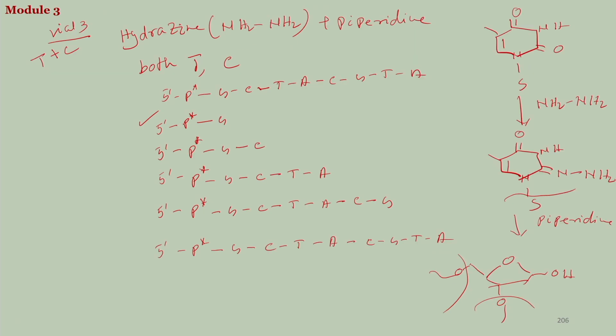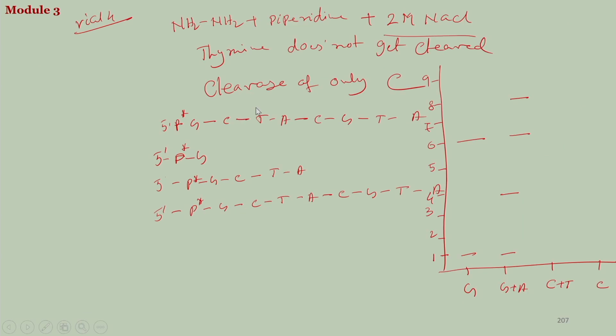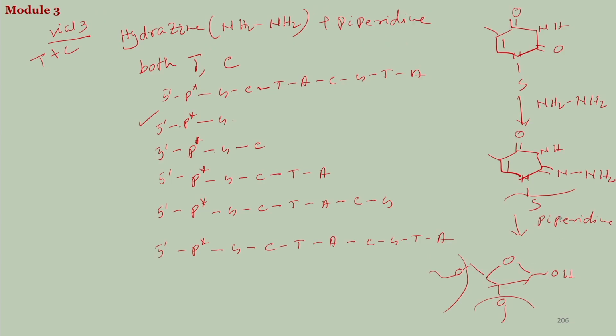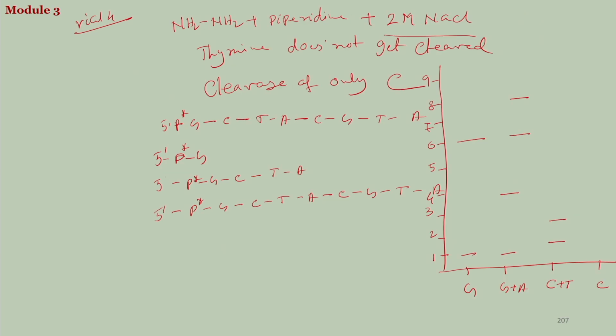What you have in C plus T are bands at 2, 3, 5, 7 and 9.